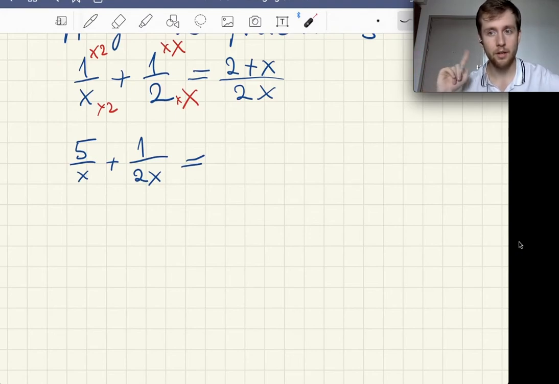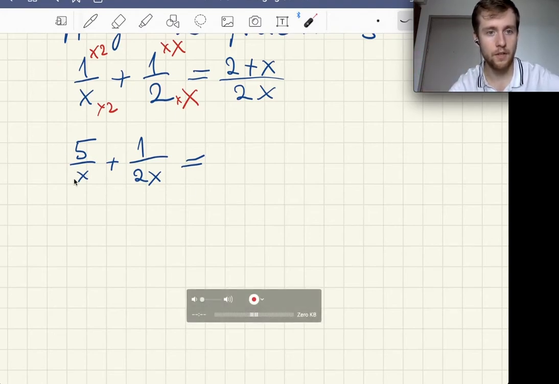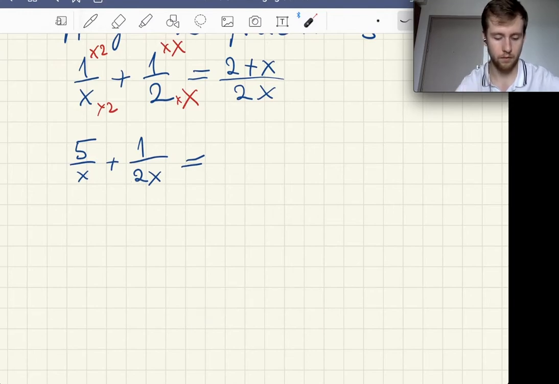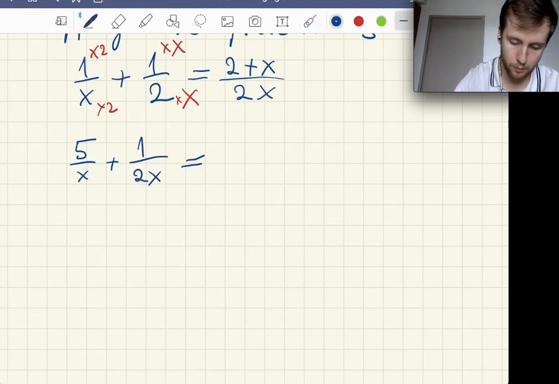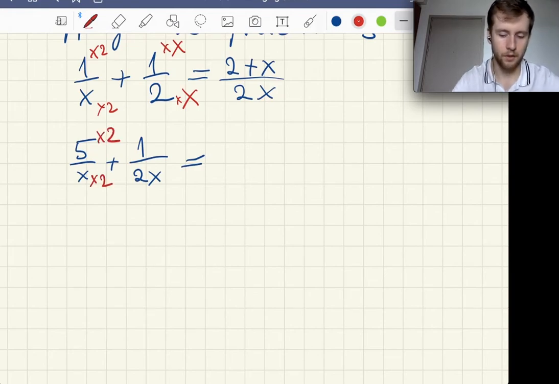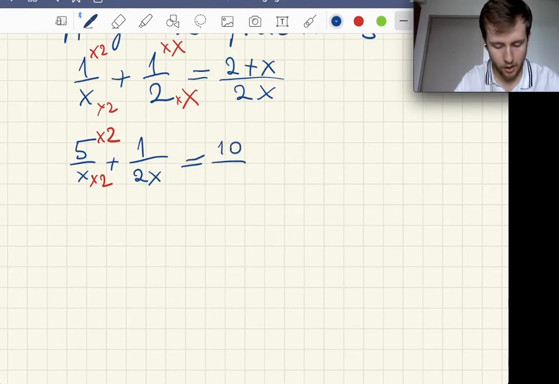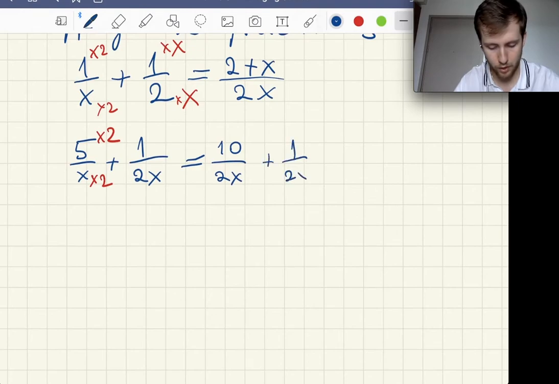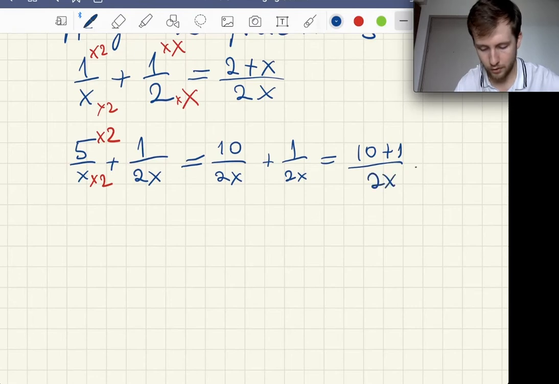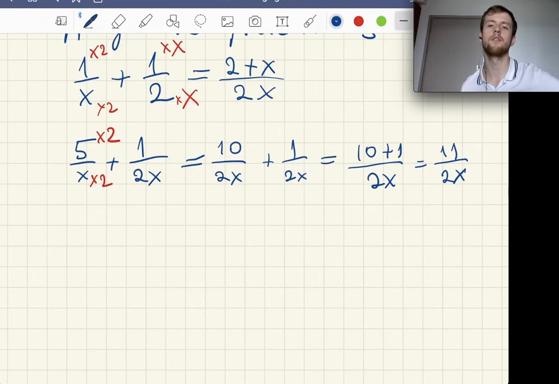But this one doesn't have 2 in it, so we have to multiply this part by 2. So what do we get? 5 times 2 is 10, and x times 2 is 2x. So 10 over 2x plus 1 over 2x equals 10 plus 1 over 2x, which is equal to 11 over 2x, which can be our answer.